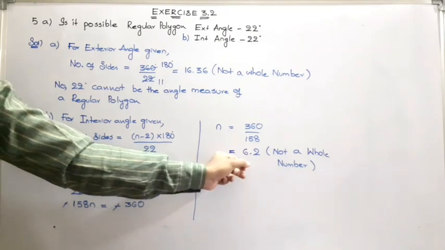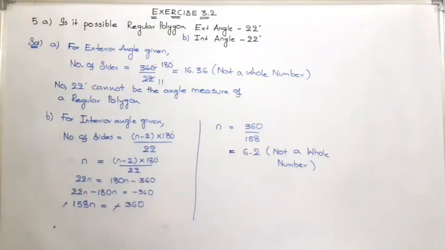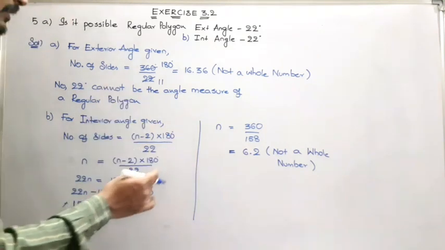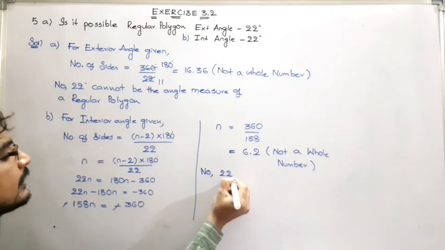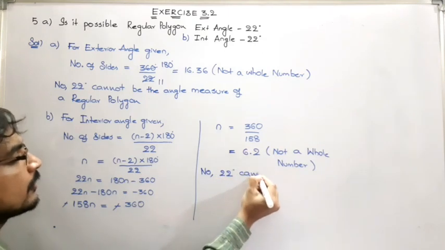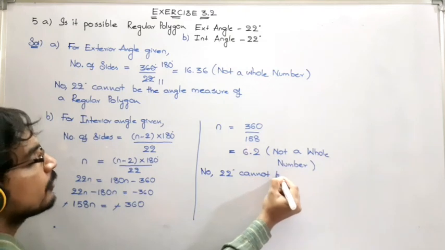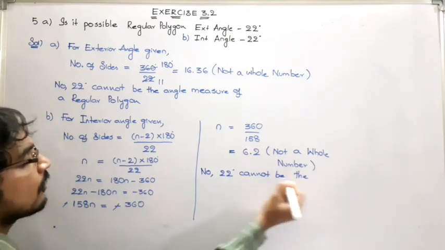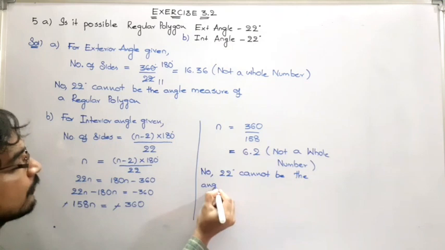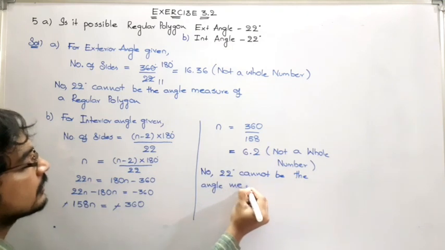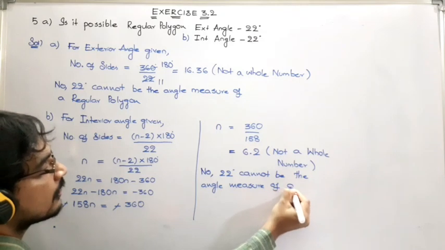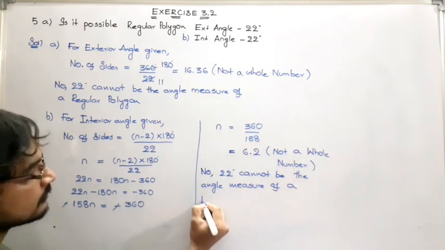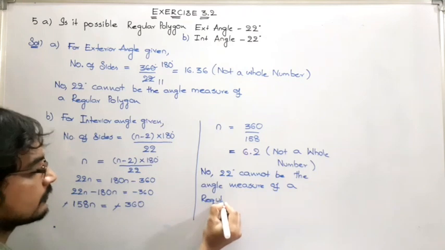As it is not an exact figure for the number of sides, we can say, just like the above one, no, 22 degrees cannot be the angle measure of a regular polygon.